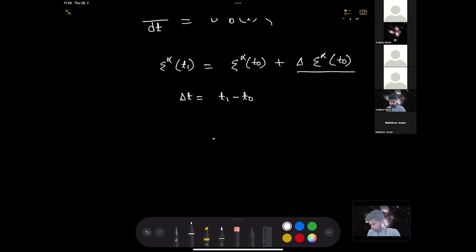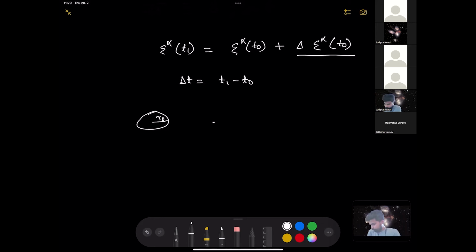So let's say we have a simple figure. Let's say we have a circle of radius R0. If we write this circle of radius R0 in component form, it can be written as xi alpha at t0 equals R0 cosine phi, sine phi.